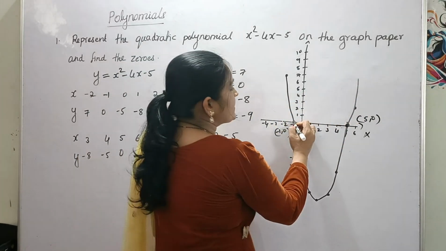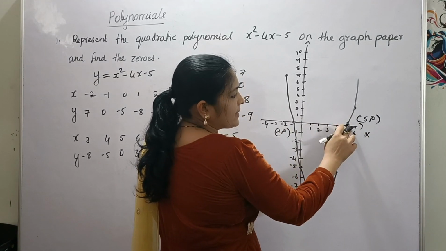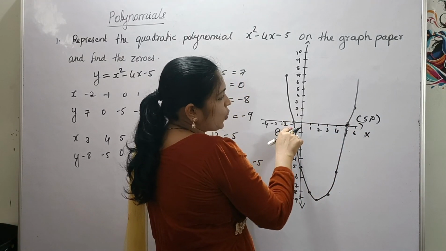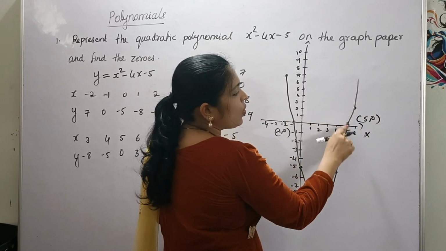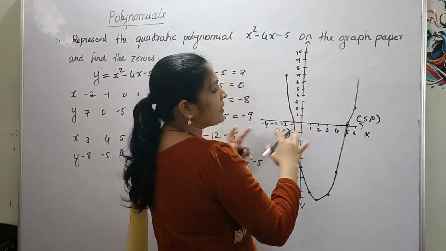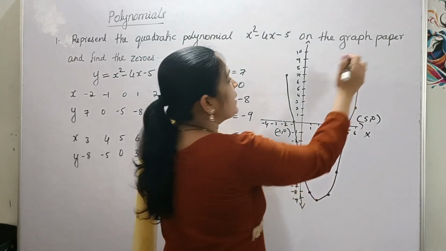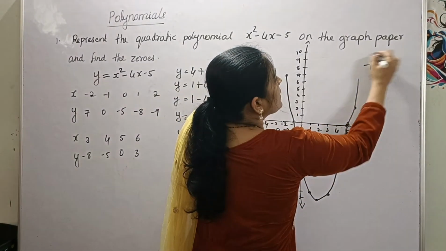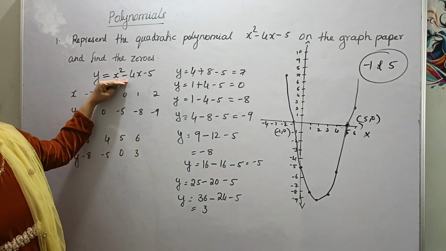The points on the x-axis where the graph touches are minus 1, 0 and 5, 0, right? Therefore, what are the x coordinates? Minus 1 and 5. So minus 1 and 5 are the zeros of the given quadratic polynomial.